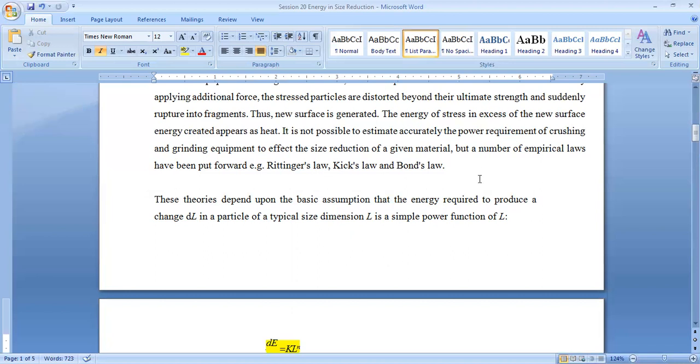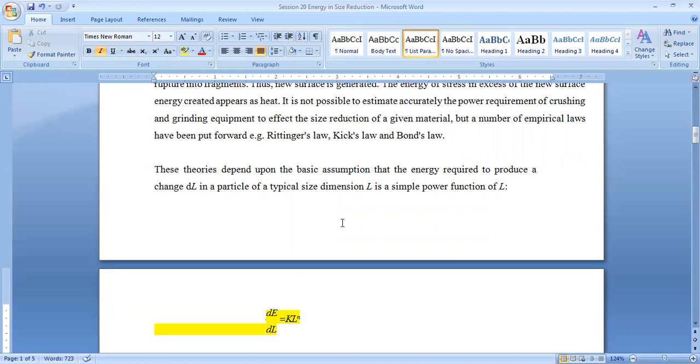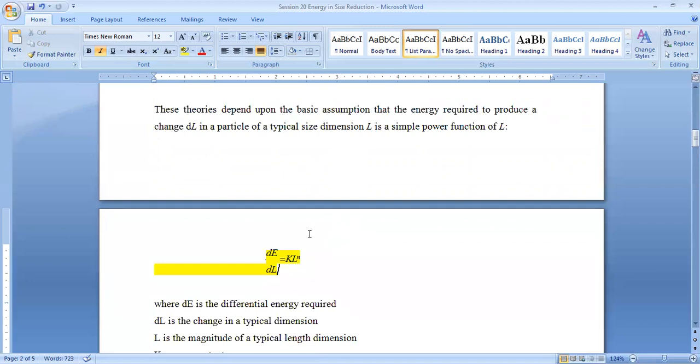The basic principle of these empirical theories is that the energy required to produce a change dL in a particle of typical dimension L is a power function of L. We can say that dE over dL is equal to KL to the power n.